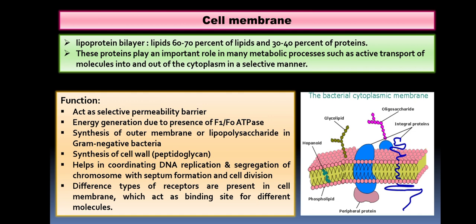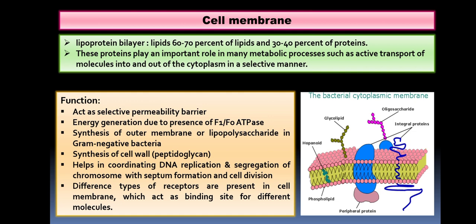We have discussed that the cytoplasm of the bacterial cell is very organized, so that different cellular processes such as replication and transcription occur in a regulated manner. This coordination is actually done by the cell membrane. Then different types of receptors are present in the cell membrane that act as binding sites.